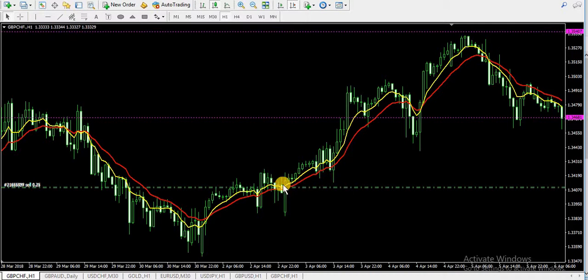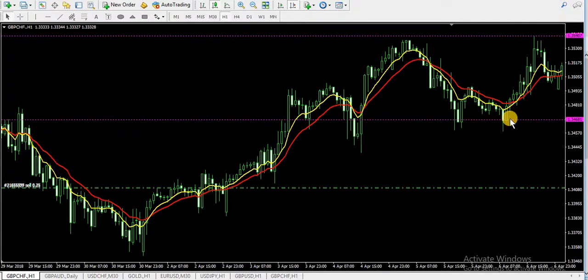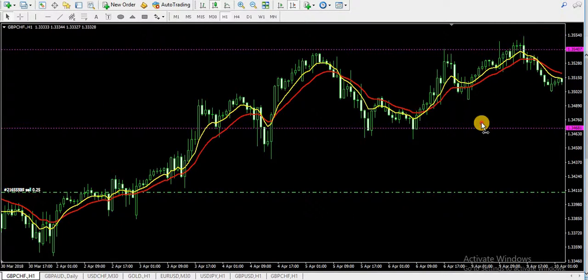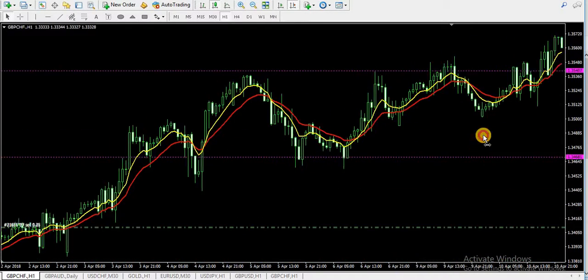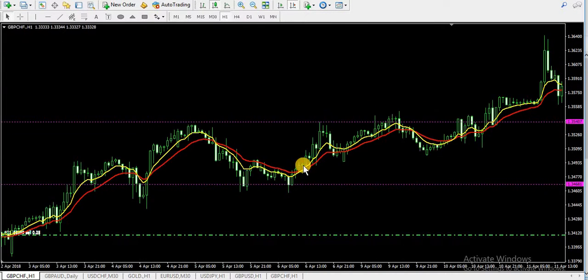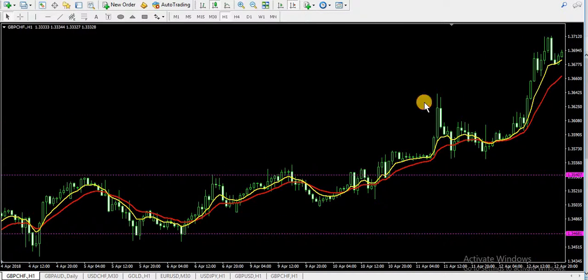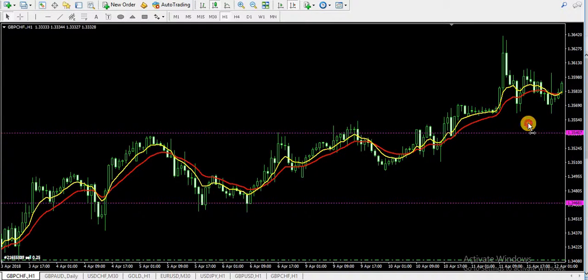I want a perfect place to explain to you guys. Okay, this is the best example. See, the market was strongly bullish for some time now.